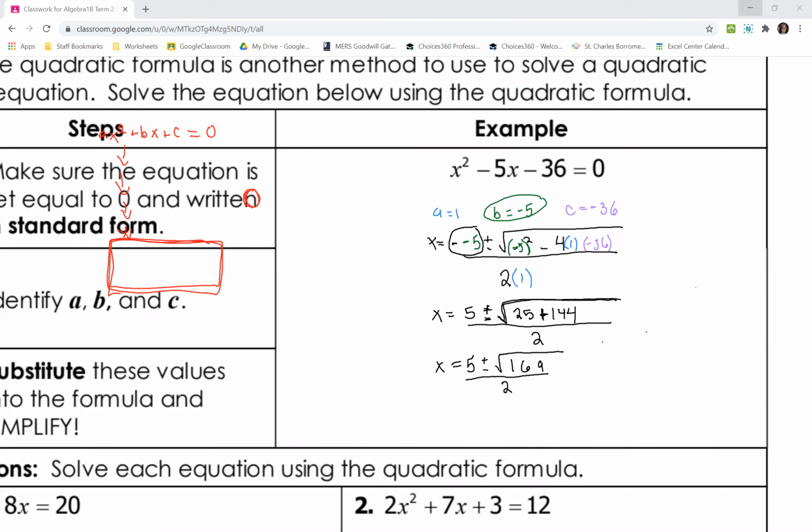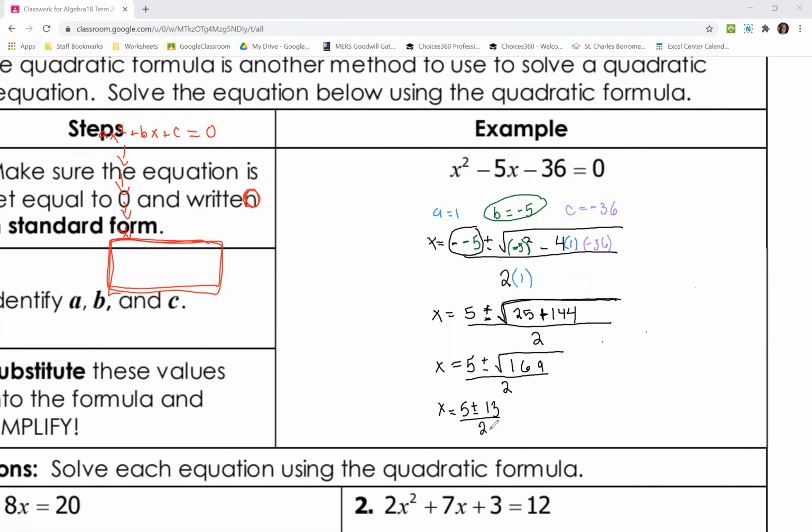So just play with the calculator that you have. I know that every single phone comes with a very standard calculator just like this, so you should be fine, okay? If not, you can look one up on Google, just put standard calculator. Okay, so the square root of 169 is 13, so I'll say x equals 5 plus or minus 13 all over 2.